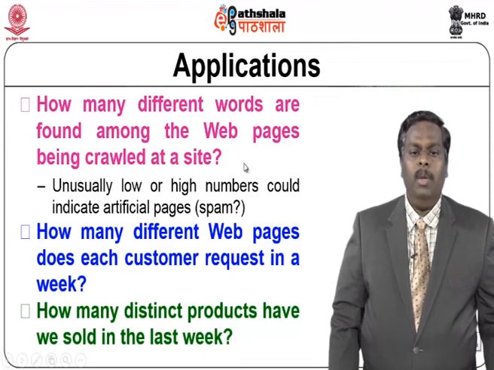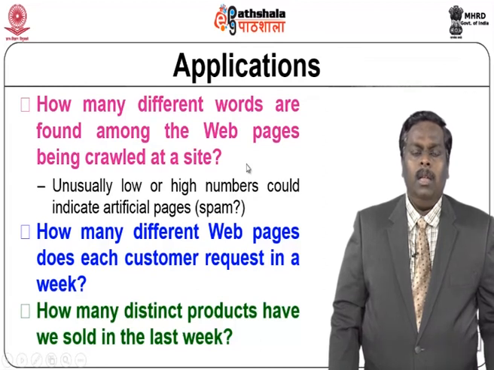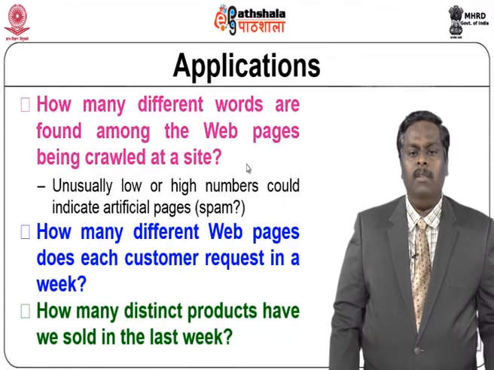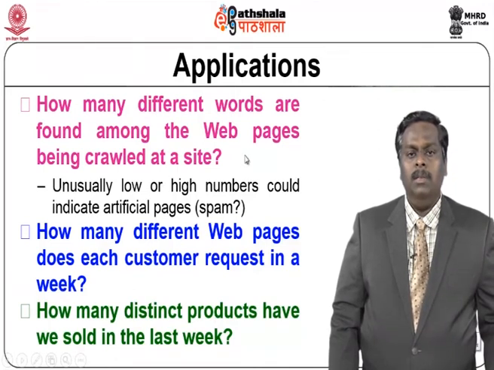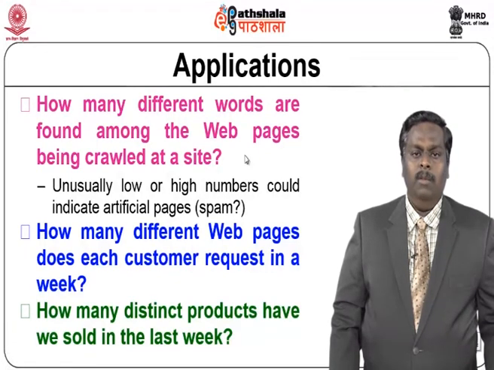Sometimes the number may be very low or too high, and in many scenarios, whether low or high, it may indicate a spam page. But irrespective of this, you can always depend on counting distinct algorithms to define the number of distinct keywords associated with web pages crawled by various crawlers.